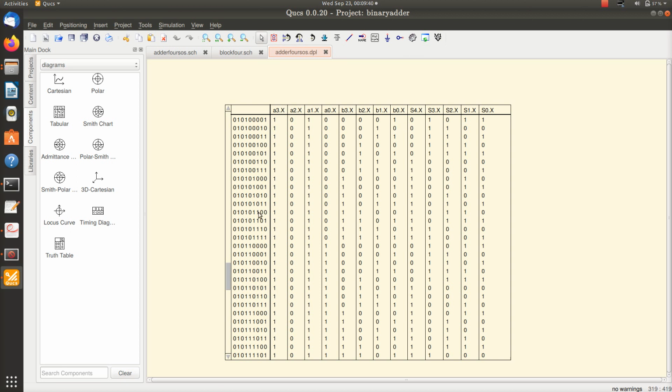Or you can take any arbitrary case. Suppose here it is 1010, that's a 10. Here it is 1100, it's a 12. So the result should be 22. So here it is 1010, this is 1100, that's 12 plus 10, that's 22.